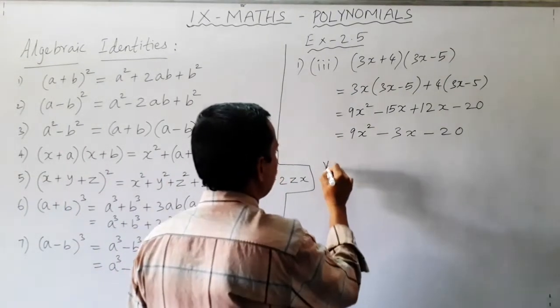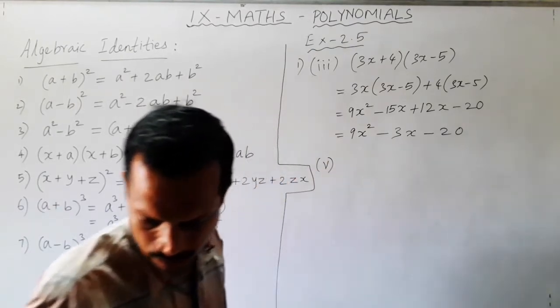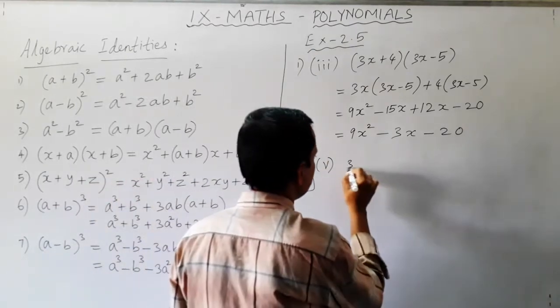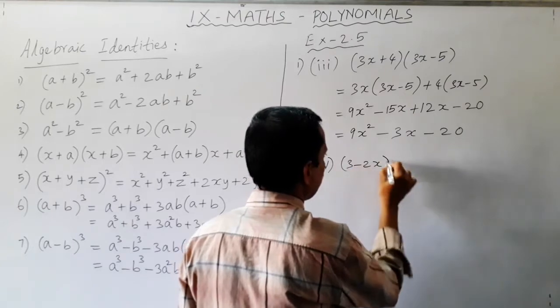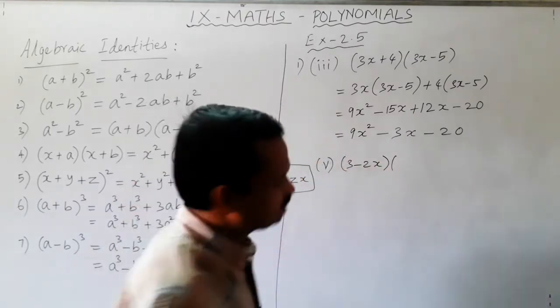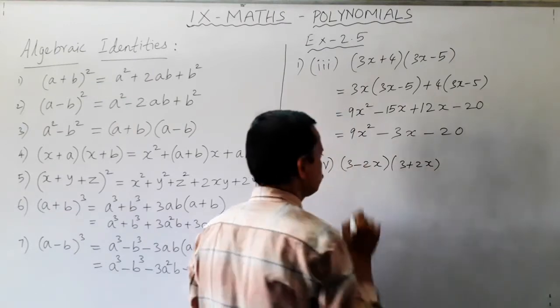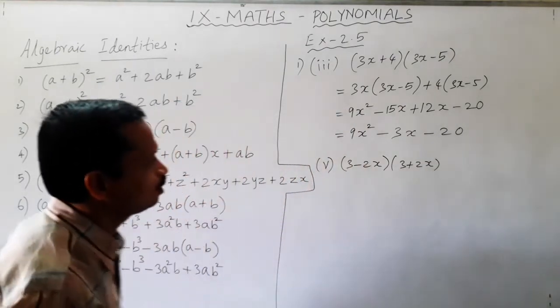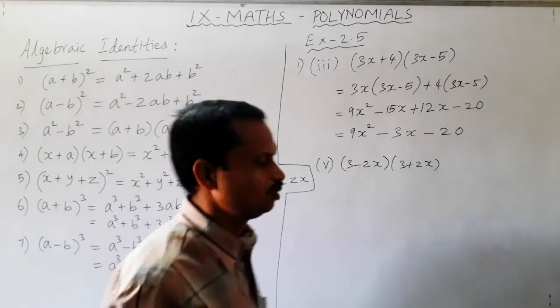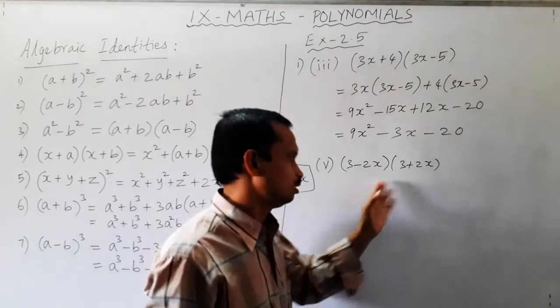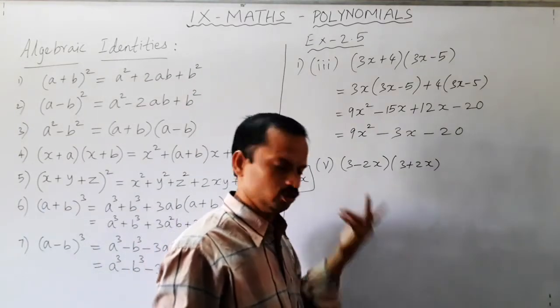Fifth sum, option 5. You see (3 - 2x) into (3 + 2x). Okay. You see here, you can do this both ways. Apply the identity also.